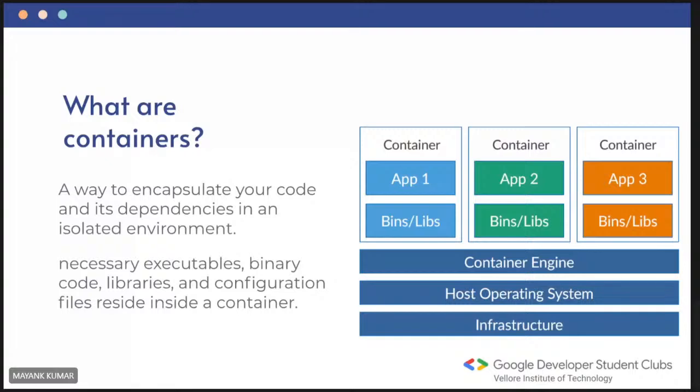So what is virtualization? Virtualization is a way where you can give the impression to each of the software running on your machine that the resources it is utilizing, for example, network or storage, are separate for each of the softwares.